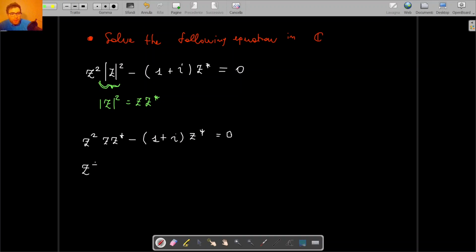We have z star, which multiplies z raised to the third power, which is this product here, minus 1 plus i, and this whole expression is equal to 0. So now we have an expression which is equivalent to the one we started with, but much simpler.